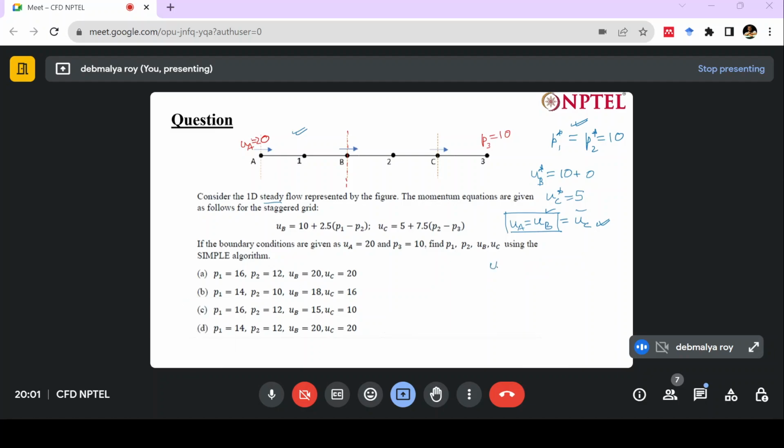So UA is there. For UB, we put UB star plus DB into P1 dash minus P2 dash.